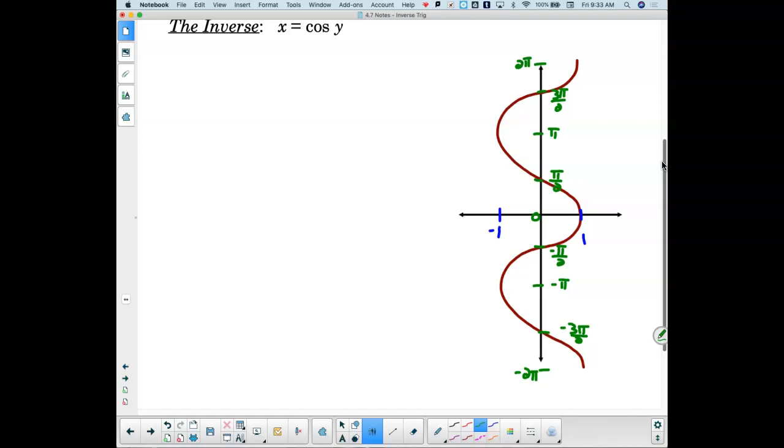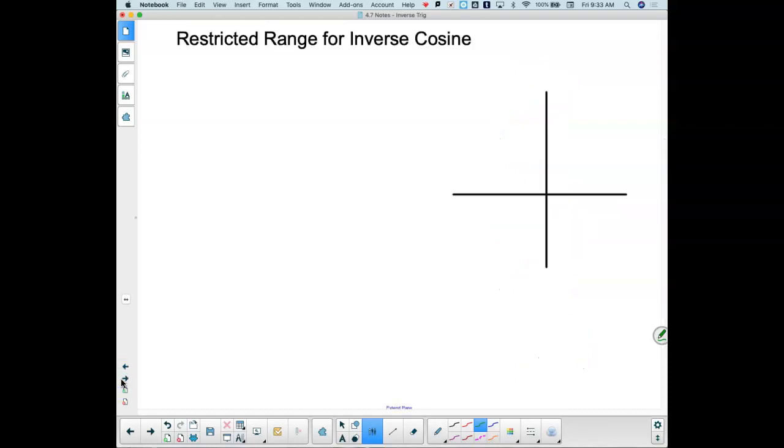And so to be the easiest for me, I'm going to look at that section of the graph from -1 to +1. Vertically, it would go from 0 up to pi. And that hits every value from -1 to +1.